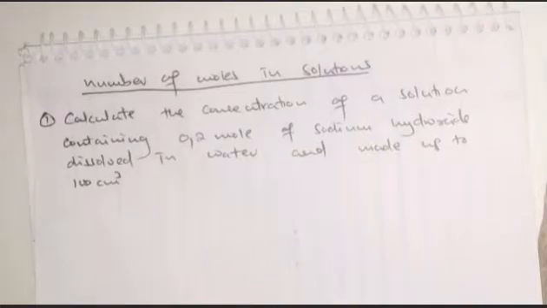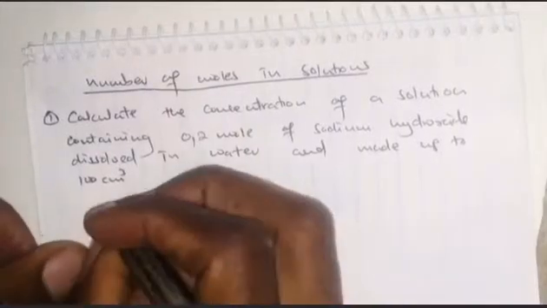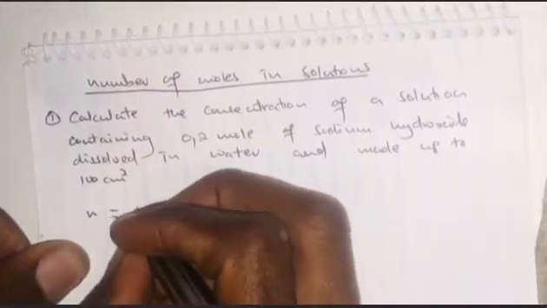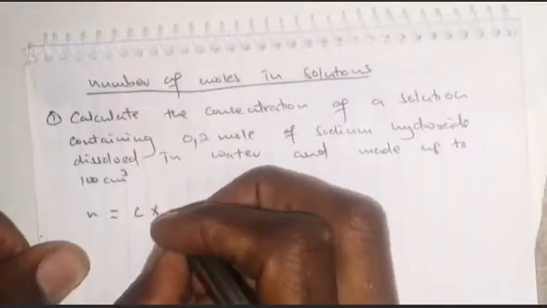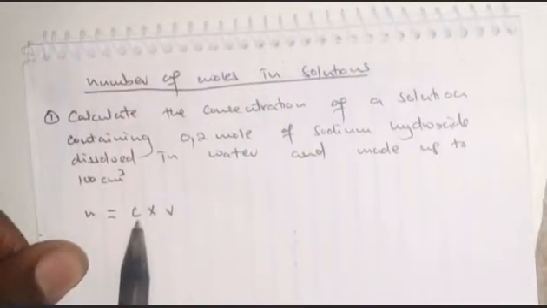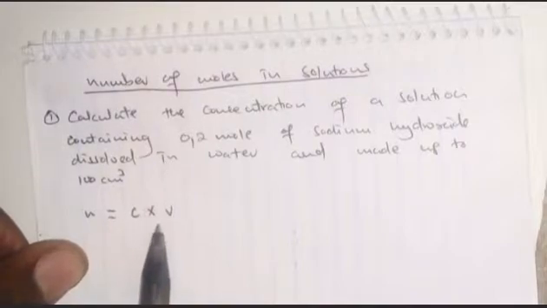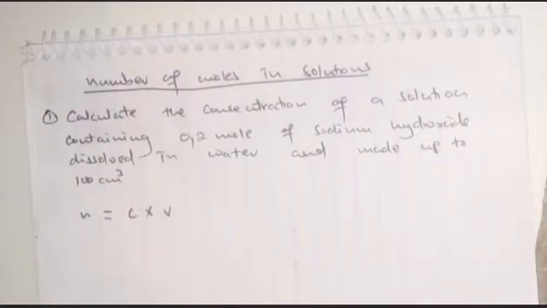And for concentration in solutions, we've got number of moles is equal to concentration multiplied by the volume, and our concentration is in moles per dm cubed. Then the volume is in decimeter cubed. Then the question says calculate the concentration of a solution containing 0.2 mole of sodium hydroxide dissolved in water and made up to 100 cubic centimeters.